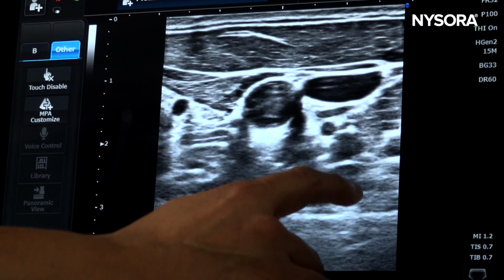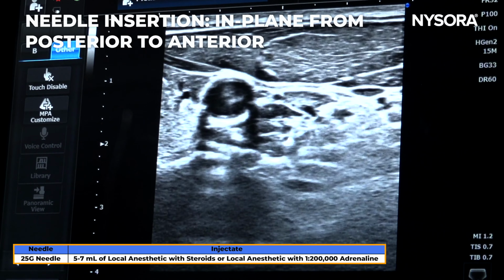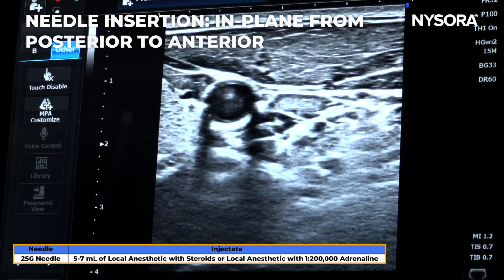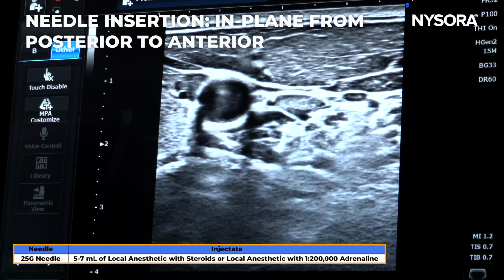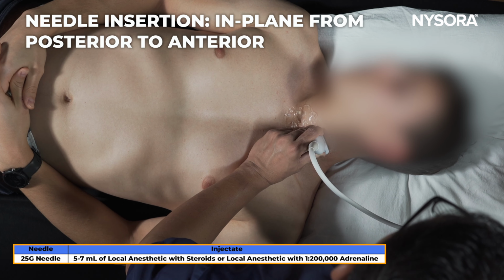Your needle approach would be in plane from posterior to anterior, or lateral to medial, bringing the needle in and going below the prevertebral fascia, injecting 5 cc's of local anesthetic and steroid mixture, and sitting the patient up, allowing gravity to float the local anesthetic onto the stellate ganglion.